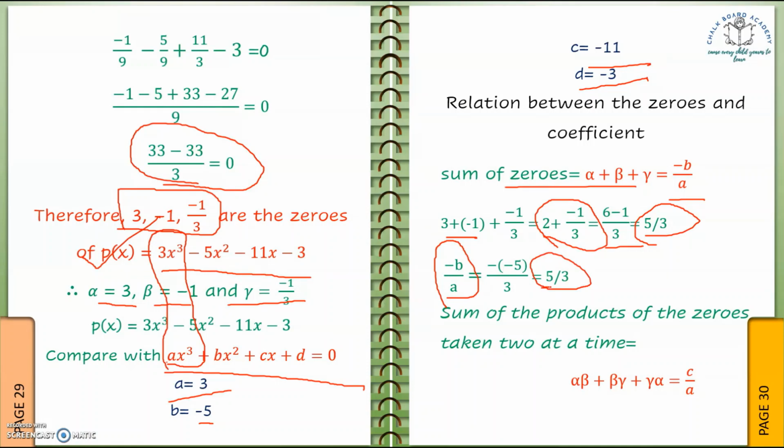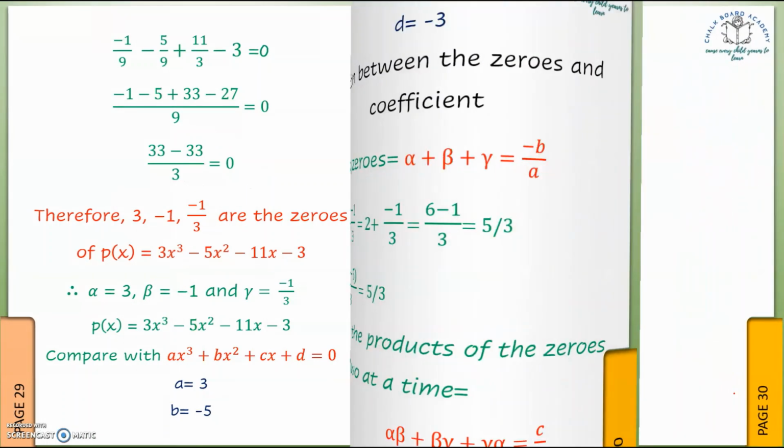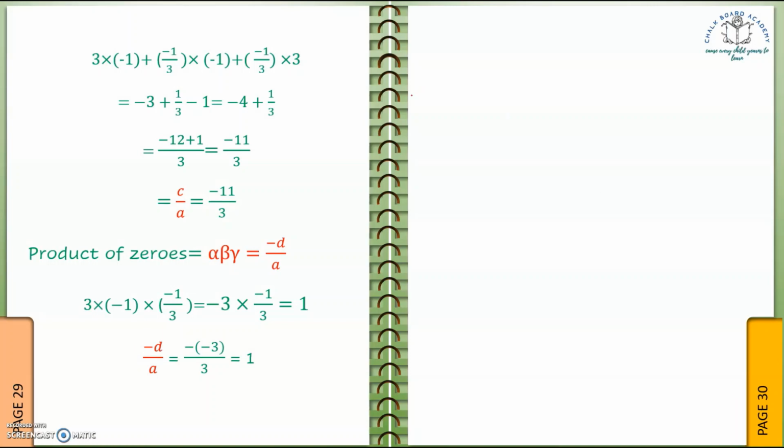Now the second part, here the sum of the product of zeros taken two at a time, alpha into beta, beta into gamma, and gamma into alpha, that is equal to c by a. Now we have to prove this. For that again we are doing the same, alpha into beta, that is 3 into -1, then beta into gamma, and then gamma into alpha.